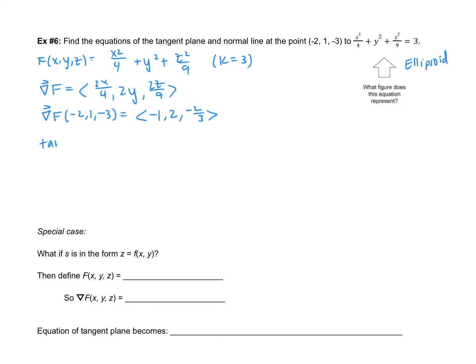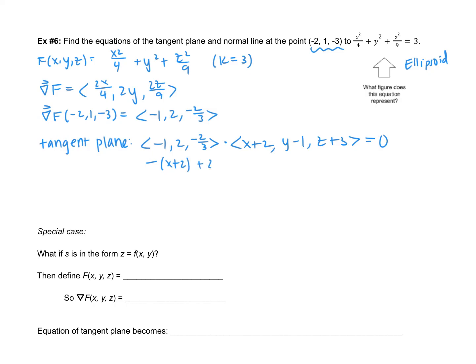So then our tangent plane, we're going to take that gradient and we're going to dot it with x add 2, y minus 1, and z add 3 from our point. And so our tangent plane ends up being negative x plus 2, add 2, y minus 1, subtract 2/3, z plus 3 is equal to 0.